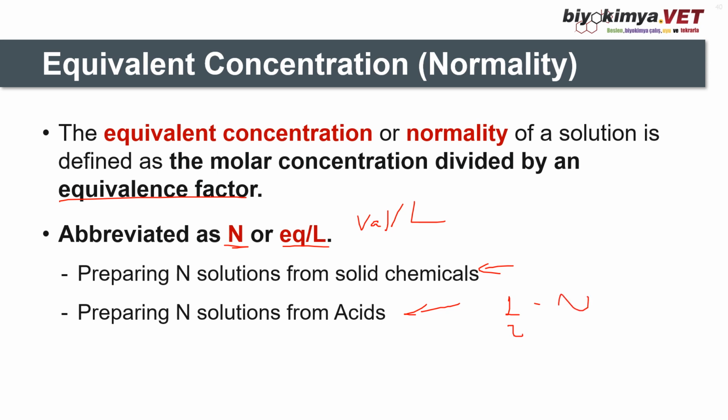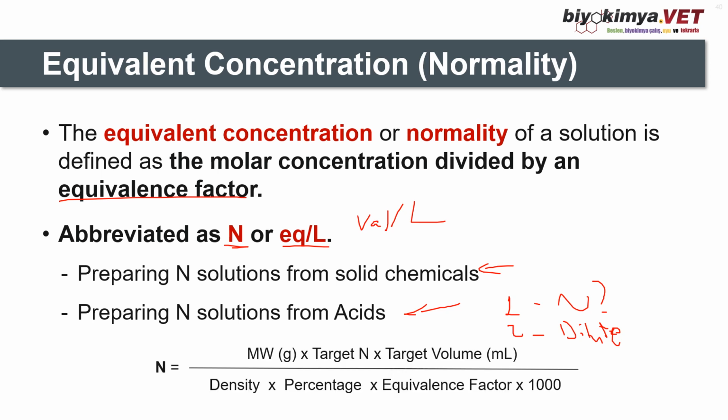In the first step, calculate the normality of the given stock solution, then dilute it to prepare the required concentration in your experiment. Also, we have the formula and the difference. If we compare the formulas of normality and molarity, the difference is on the denominator side, where in normality we have an equivalence factor.